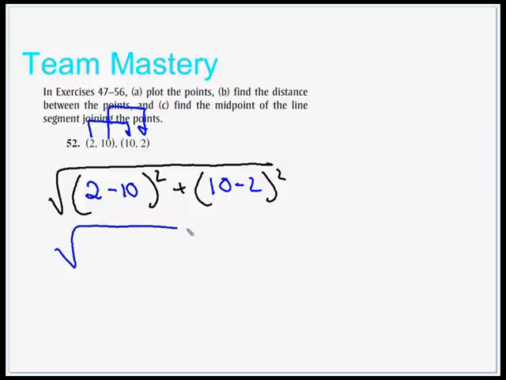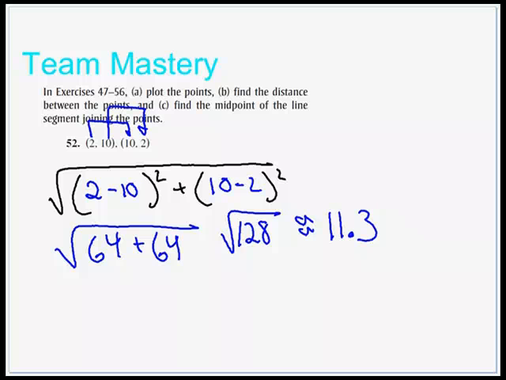So here, 2 minus 10 is negative 8, and negative 8 squared is positive 64. And then 10 minus 2 is positive 8, and positive 8 squared is another 64. So we add those together, and we get the square root of 128, which is approximately 11.3.